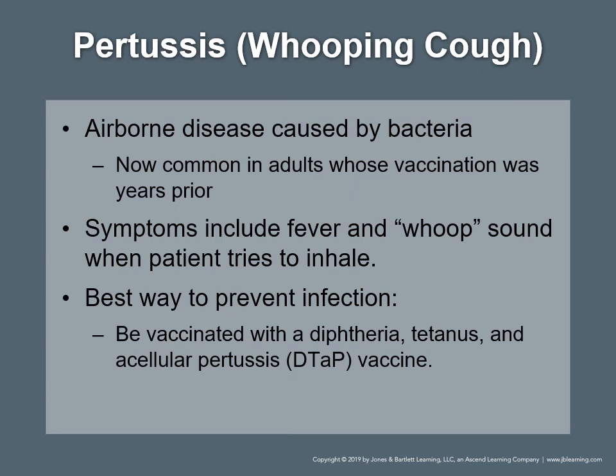Symptoms include fever and a whoop sound that occurs when the patient tries to inhale after a coughing attack. The best way to prevent infection from pertussis is to be vaccinated with a DTaP vaccine, and that covers diphtheria, tetanus, and acellular pertussis. For added protection, place a mask on the patient and on yourself.